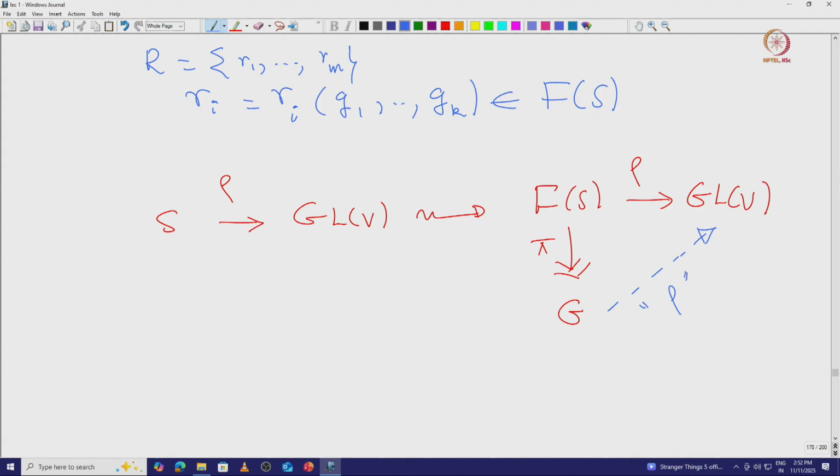So, that rho is induced from this rho that we have from f of s to GL of V.